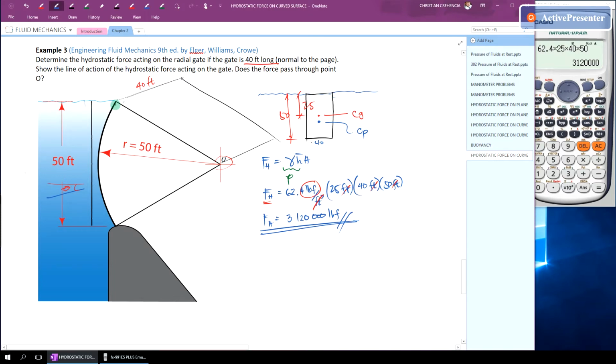Okay, so dito sa gate natin, pwede natin itong hatiin into two parts, no? So if we get the horizontal, let's say somewhere dito. Okay, so from this point going up, yung liquid is directly above nung gate. Okay, so lagyan natin ng line.